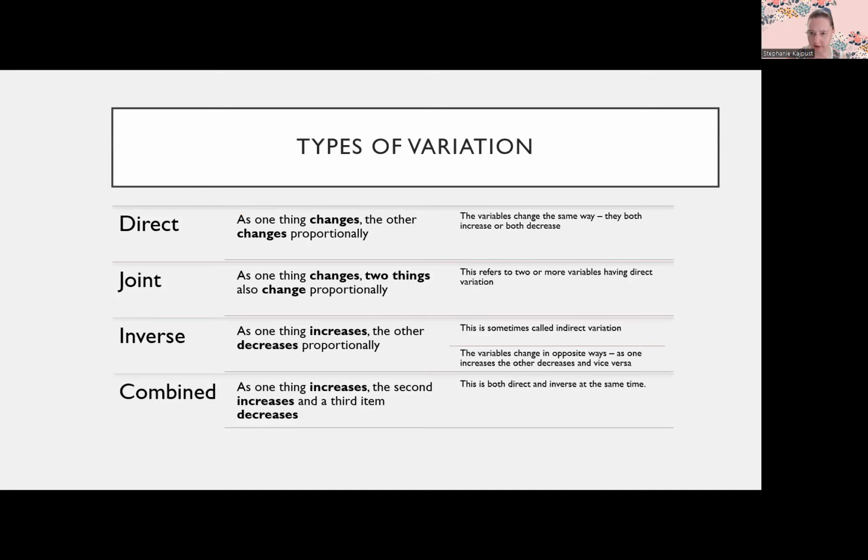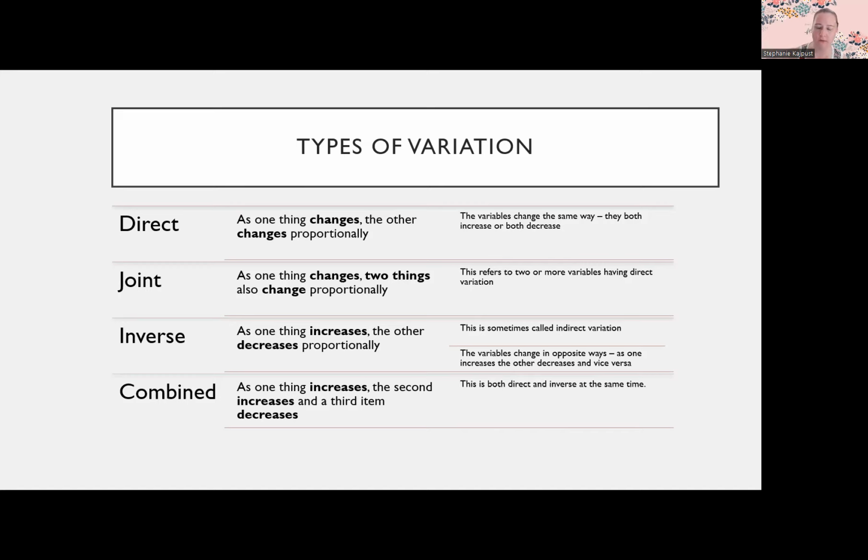Direct basically says as one thing is changing, the other thing is also changing proportionally. Essentially there's a ratio in how these change. Direct means they're both going in the same way.